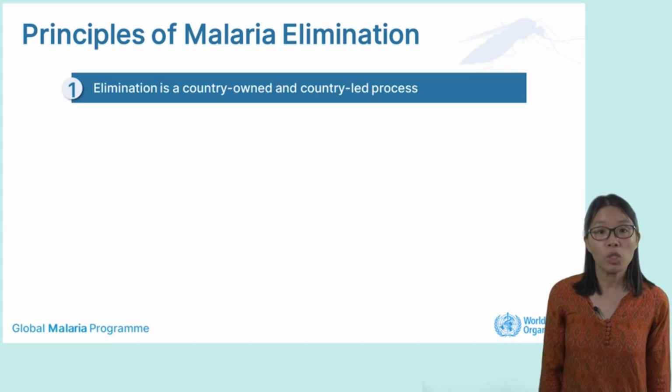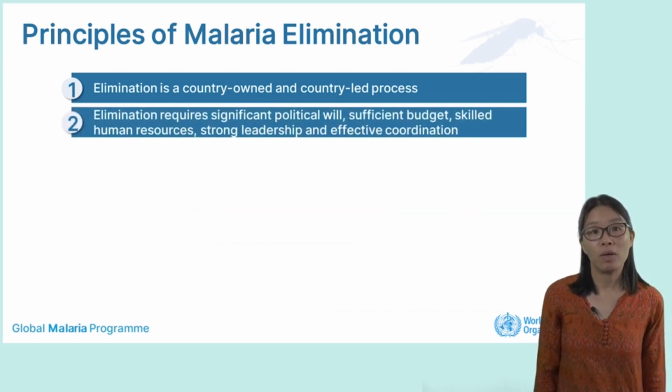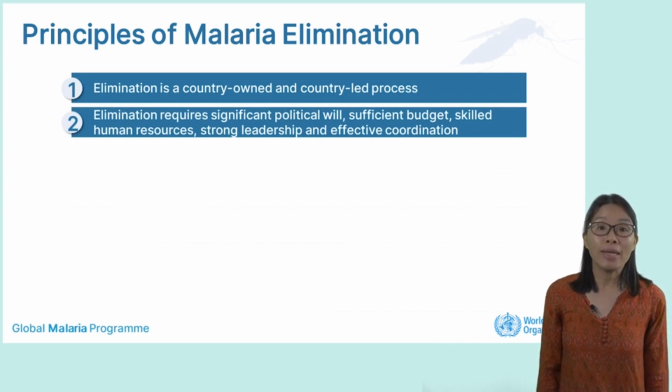But the decision to eliminate malaria must be taken and supported by the government and population of the country. As a result, elimination can only be achieved where there is significant political will that is translated into sufficient resources to get the job done.